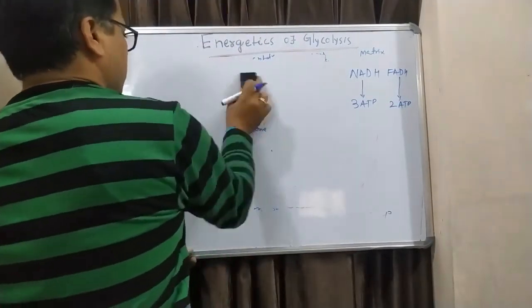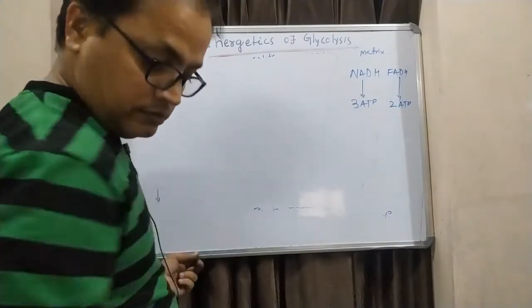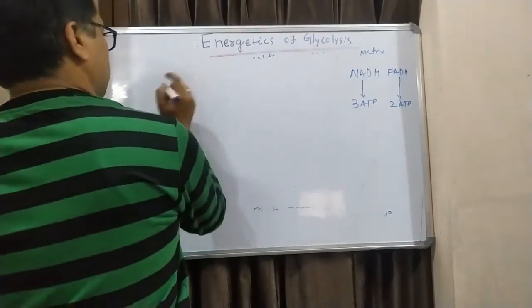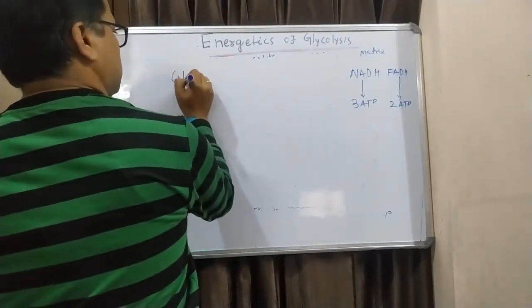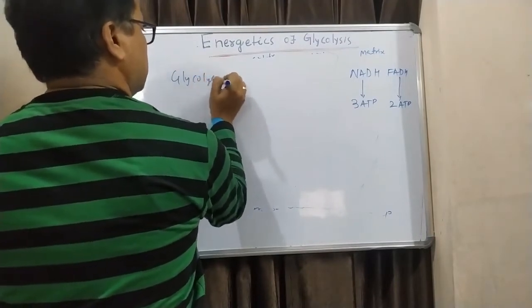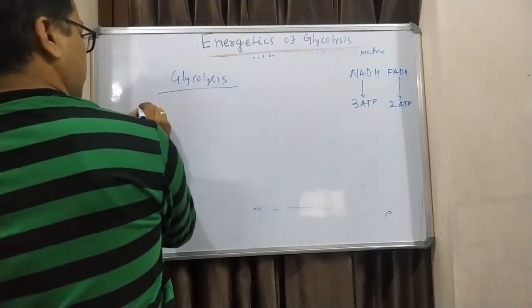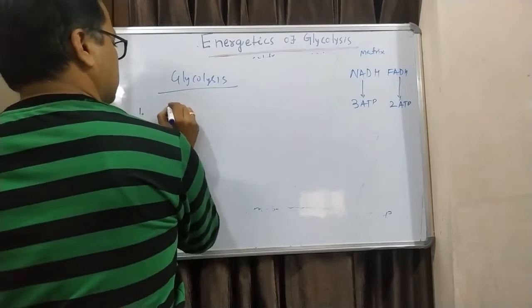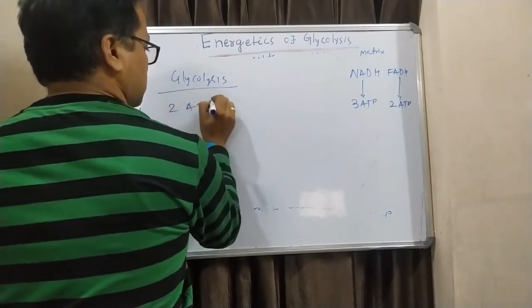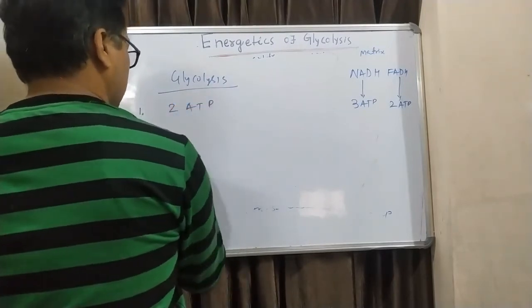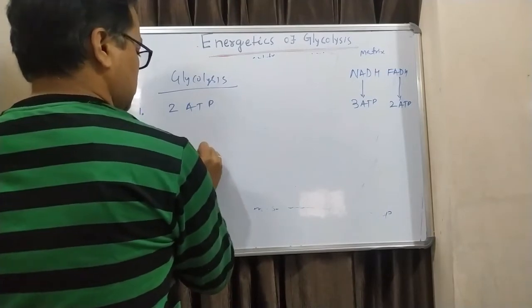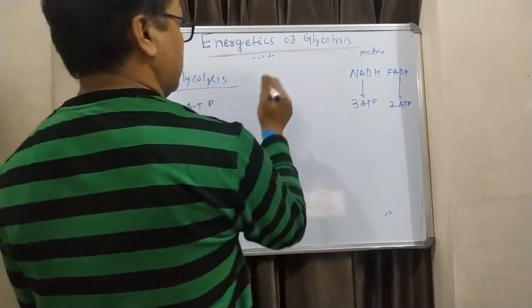Now remember, at the end of glycolysis our gain was 2 ATP and 2 NADH.